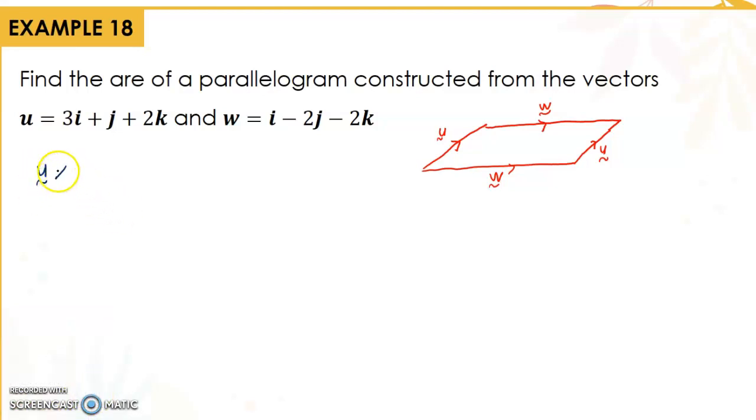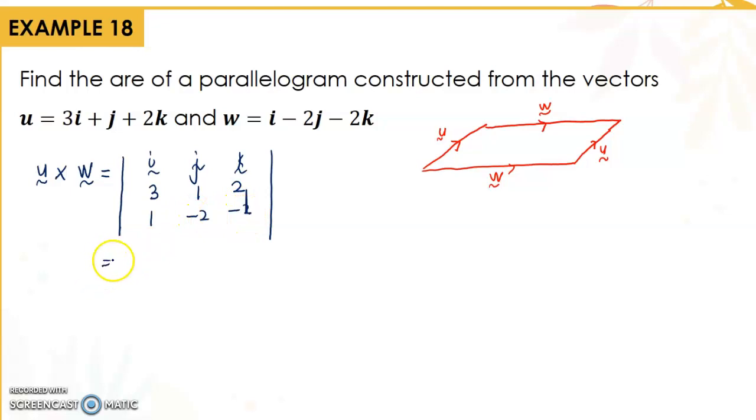u cross w equals the first row i, j, k. Second row 3, 1, 2, third row 1, negative 2, negative 2. i minus j plus k.